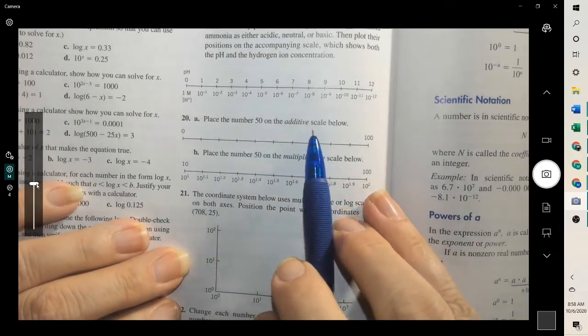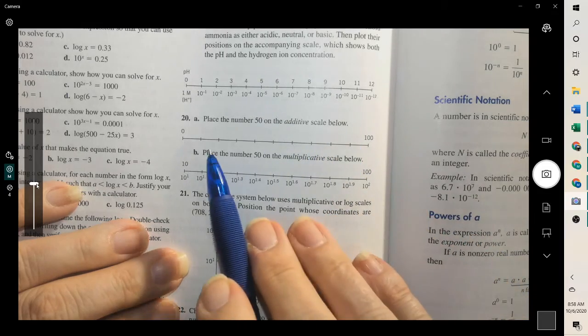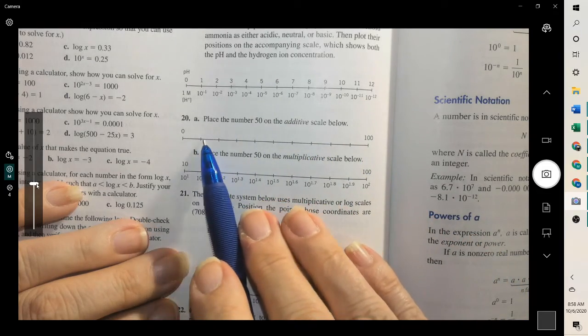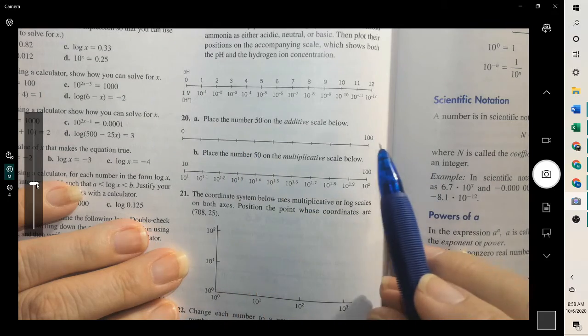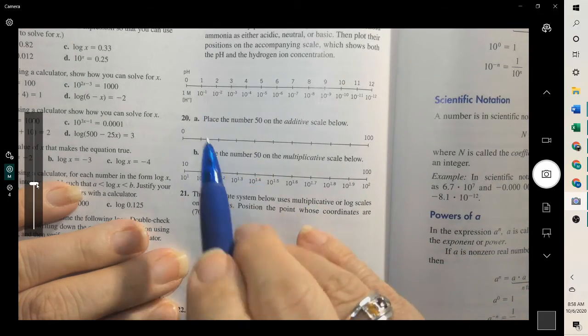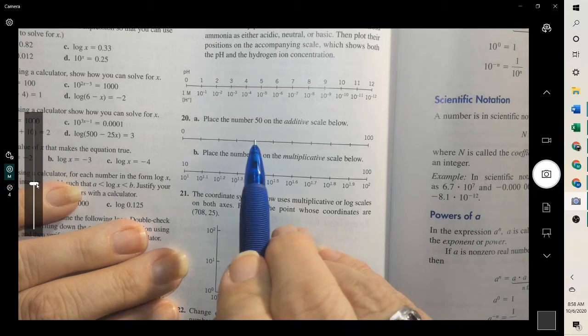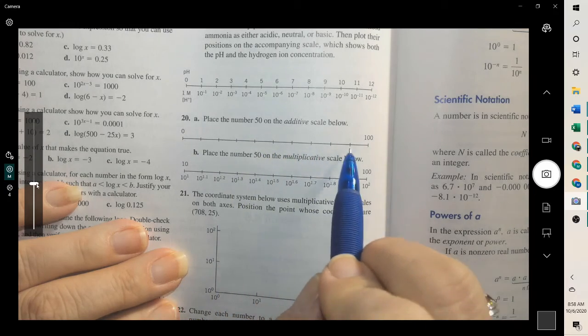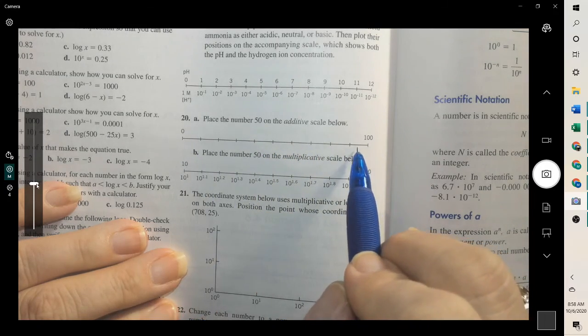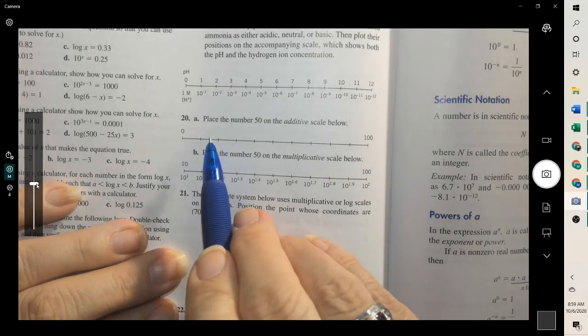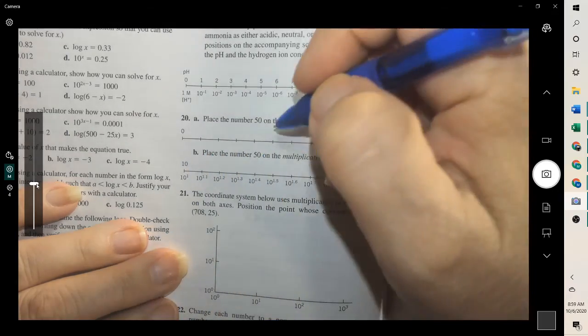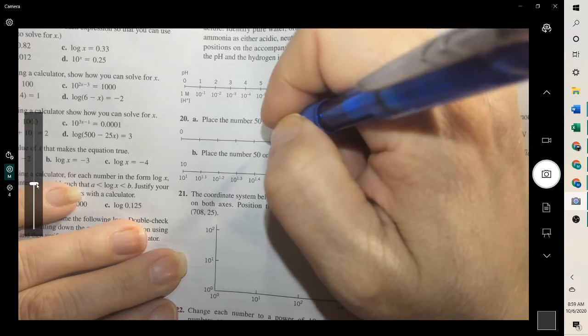Place the 50 on the number line of the additive scale. Notice that because it's additive, it's counting equal spaces. So if this is 100, looks like it's tens then. 10, 20, 30, 40, 50, 60, 70, 80, 90, 100. So it's going by tens. So 50 would be 10, 20, 30, 40, 50 right here. Right in the middle.